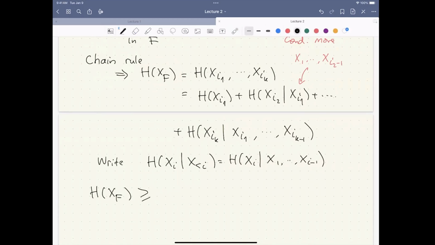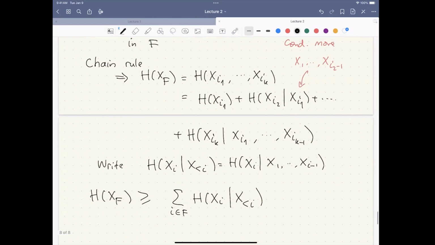Conditioning more is only going to decrease the entropy. So it's at least the sum over i in F of H(Xi | X_{<i}). That's adding more conditioning, by dropping conditioning. This is true for any outcome of F.